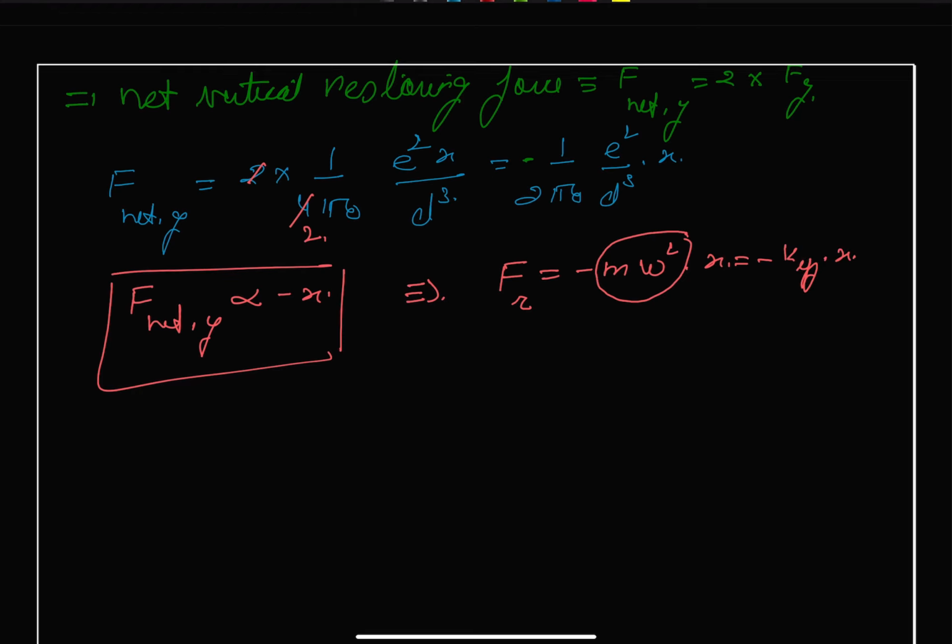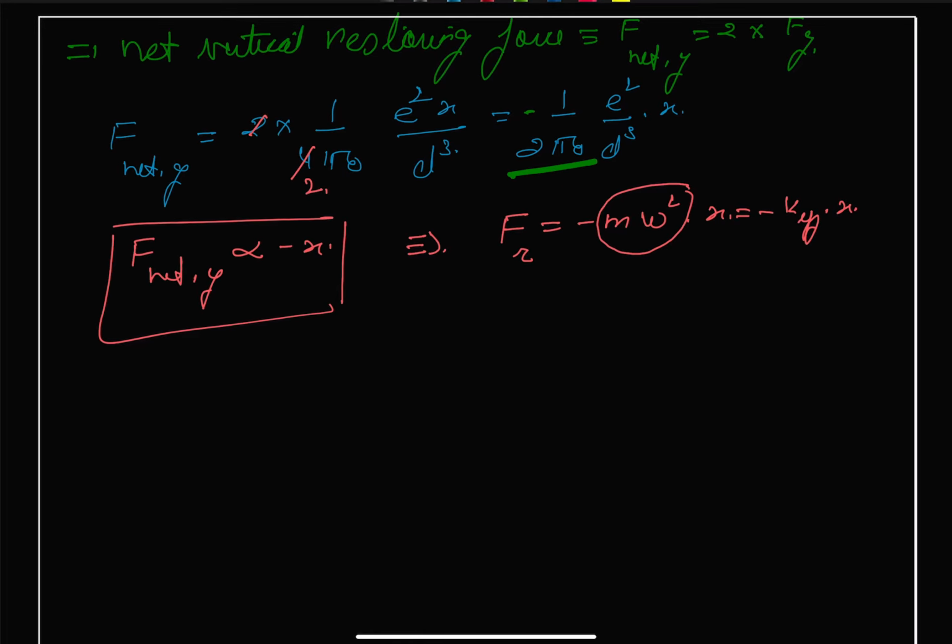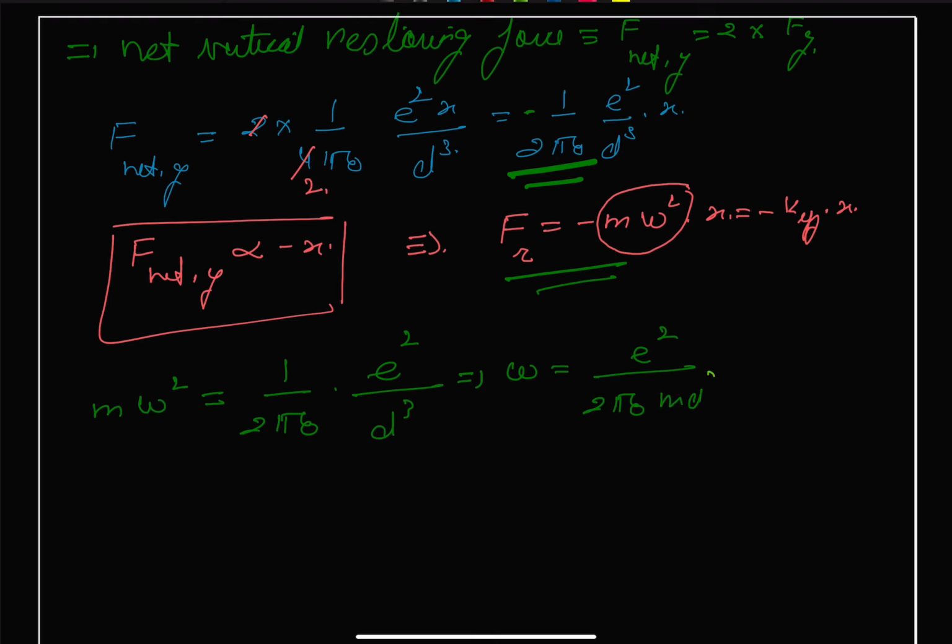So if we make a one-to-one comparison between the two equations, we get m omega square equal to 1 upon 2 pi epsilon naught e square divided by d cube. So from here we get omega equal to the square root of e square divided by 2 pi epsilon naught m d cube. So this is our angular frequency.